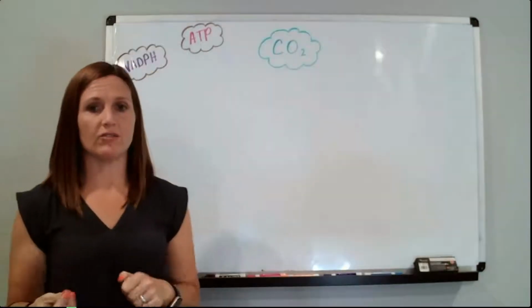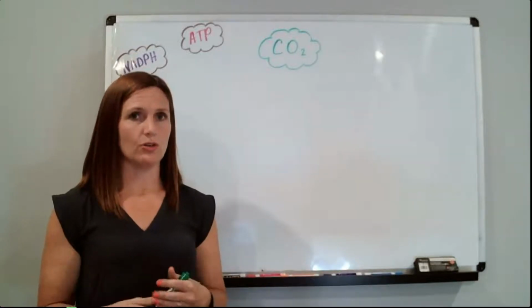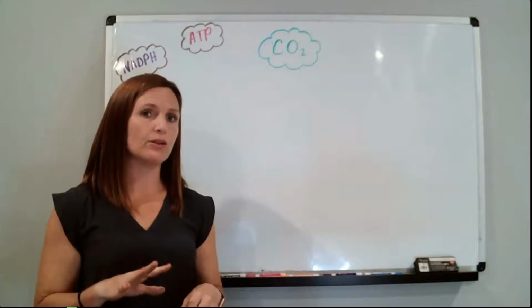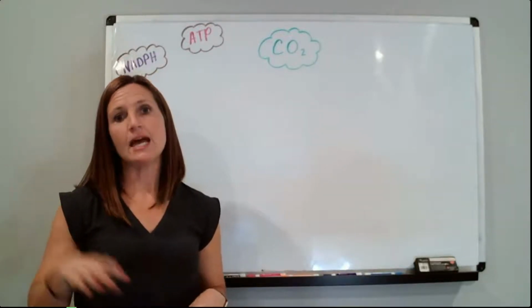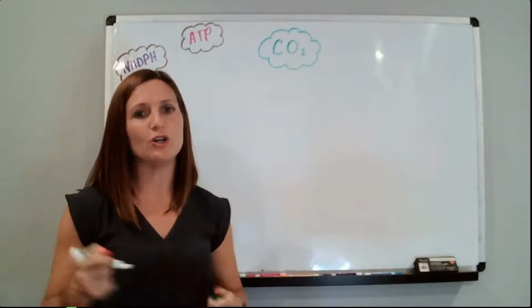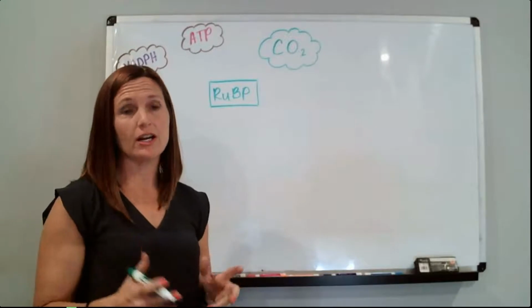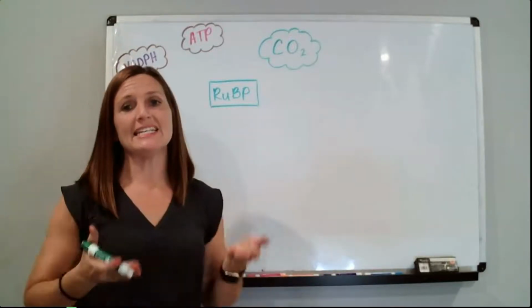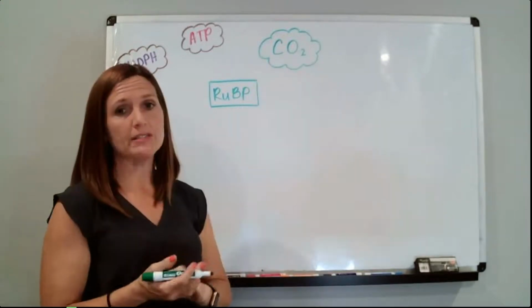So let's see what it looks like. At the start of the Calvin cycle, we're going to see that a molecule called CO2 combines with another molecule already present inside the chloroplast named Rubisco, or RuBP. RuBP, as a reminder, is already present inside of the chloroplast, and we're going to add carbon dioxide to it.